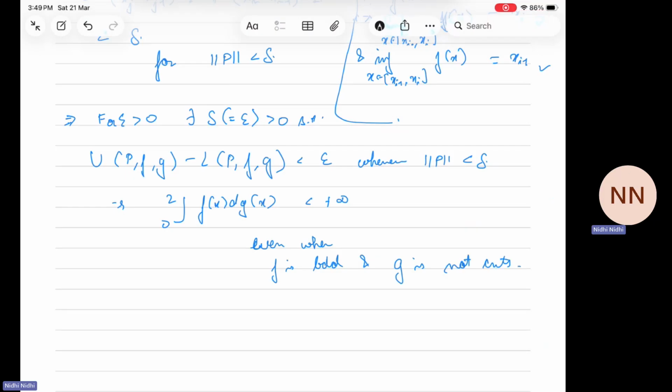But they were saying that if this is finite, then this can happen when F is bounded if and only if G is continuous. That means this will be bounded only when both conditions hold simultaneously, that the function F is bounded and G is continuous. But we had shown that this is not true. There exists some F and G such that F is bounded but G is not continuous. Therefore, the given statement is false.